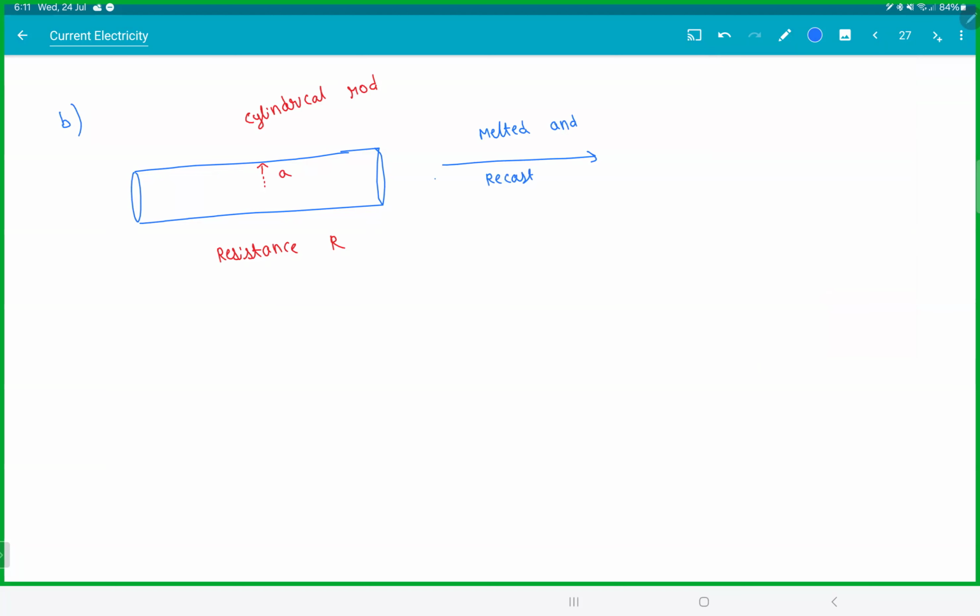When they change the shape, it became like this. They made a rod of square cross section, like a Kit Kat.